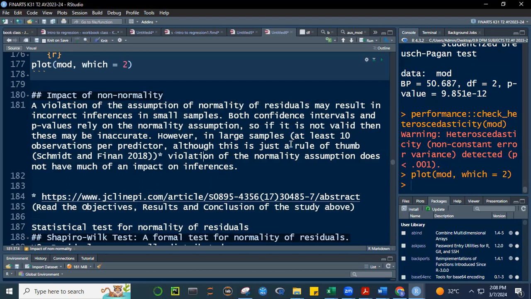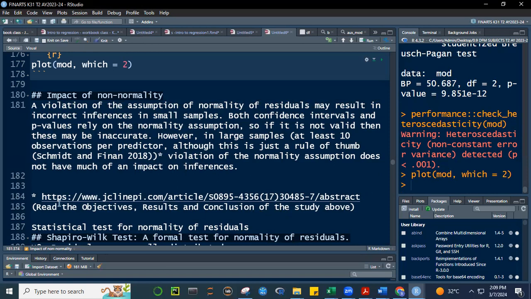Pag large samples daw, hindi masyadong issue yung normality. Although itong at least 10 observations per predictor, according to Smith and Finan, it's just a rule of thumb. Okay, rule of thumb lang siya.